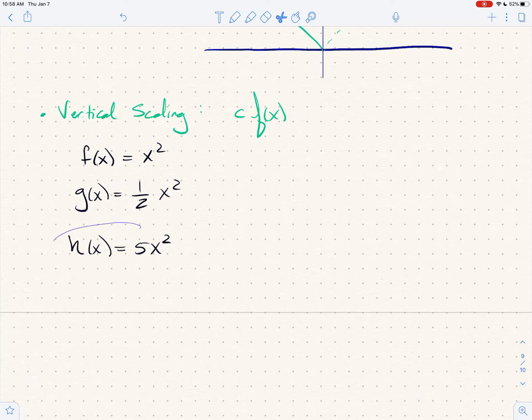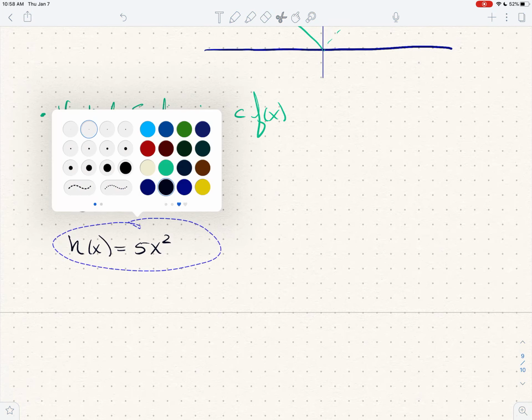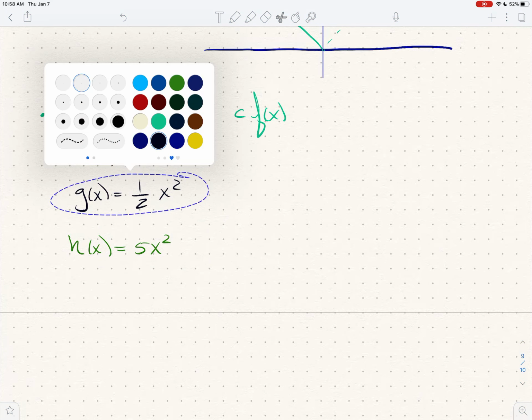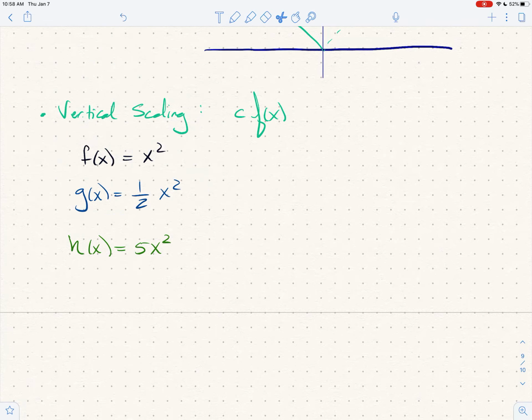Maybe we'll change the color on h. Let's make h, I don't know, green, let's make g, I don't know, blue. Okay, so what's happening on these vertical scalings is you can graph each of these. So let's just say this guy is x squared.